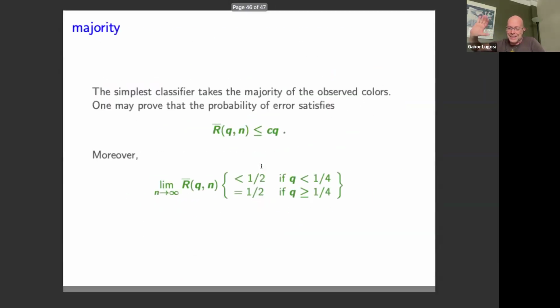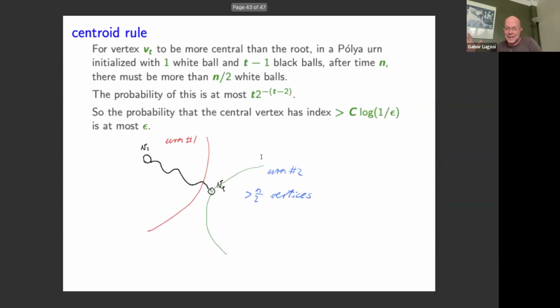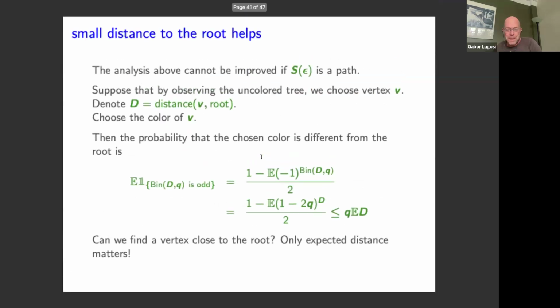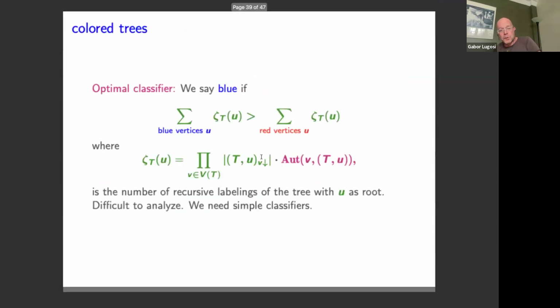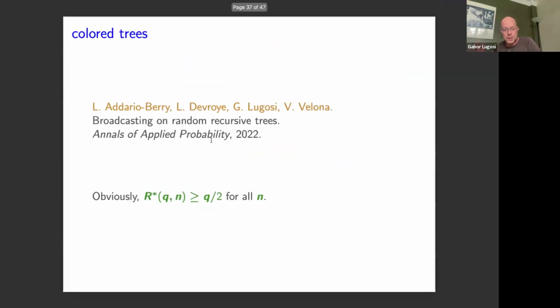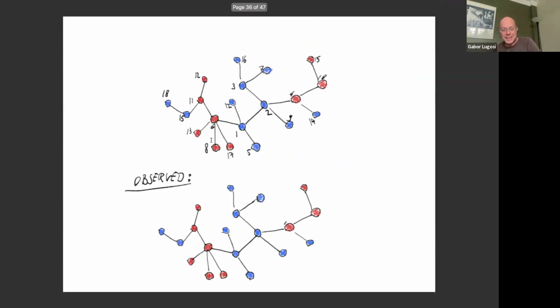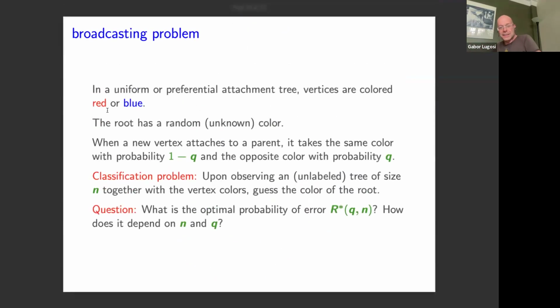I wanted to talk about a different kind of problem that we call the broadcasting problem. Let me just tell you what the problem is, but I won't go into the details. Let's say we have a uniform attachment tree, but vertices are either Democrat or Republican.